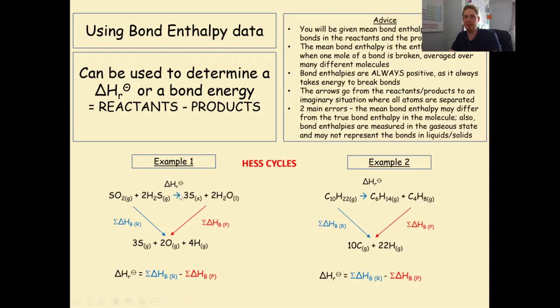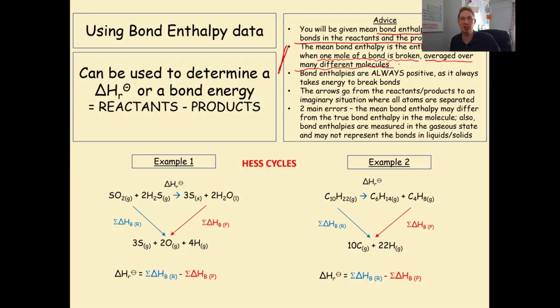So if I just pull these up, using bond enthalpy data, you will be given mean bond enthalpy data for the bonds in the reactants and in the products. Worth knowing this: the mean bond enthalpy is the enthalpy change when 1 mole of a bond is broken, averaged over many different molecules.